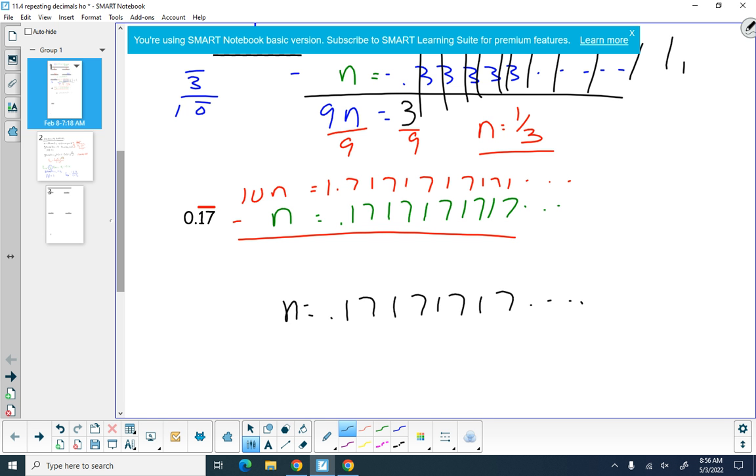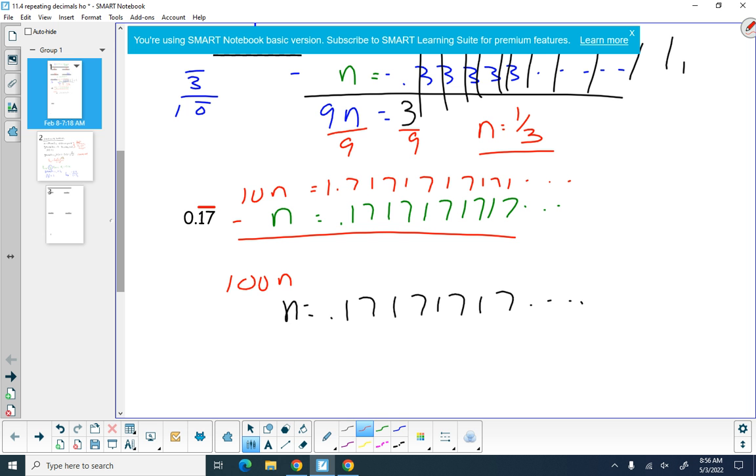But what can I multiply by? What could we multiply by to create the exact same thing that just occurred before? Lexi, what do you think? 100. Let's try 100. So if I multiply both sides by 100, we have 100n here.